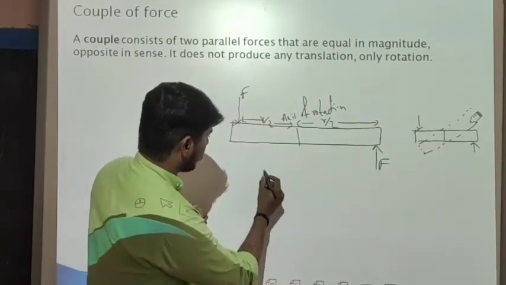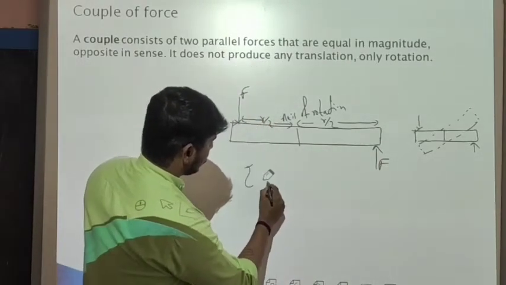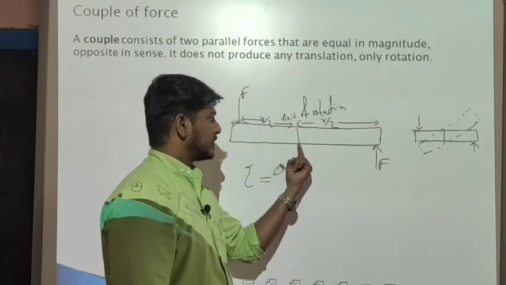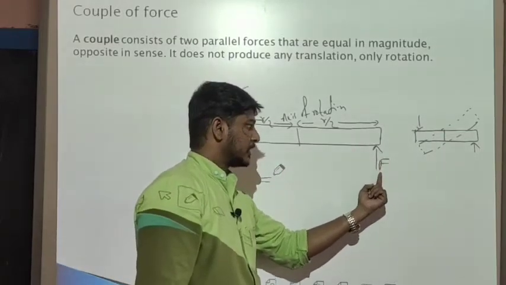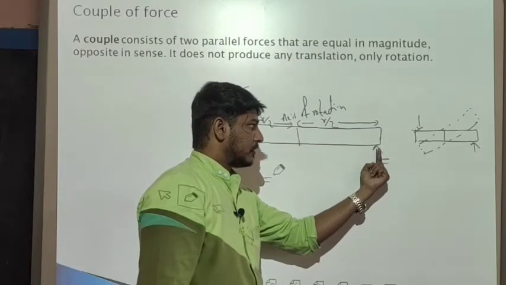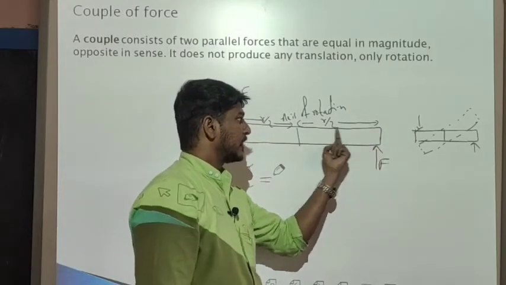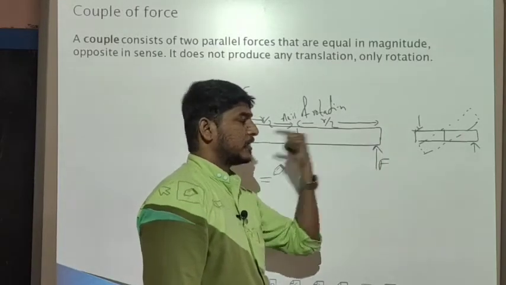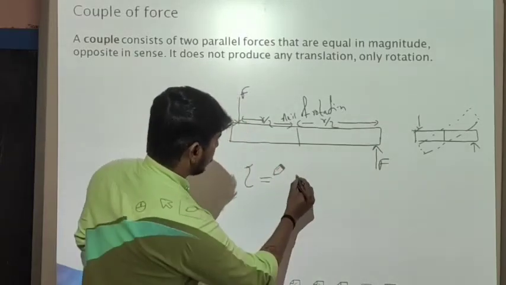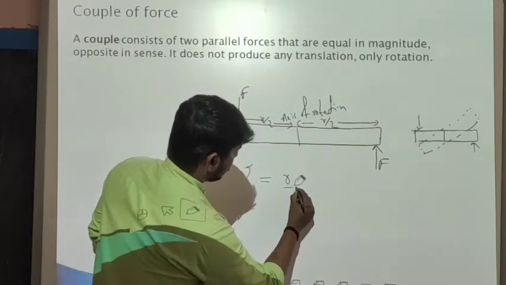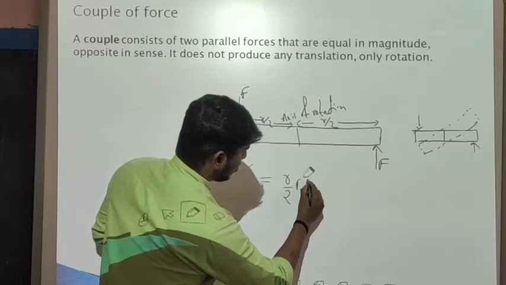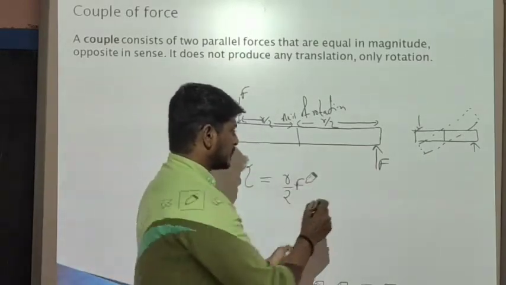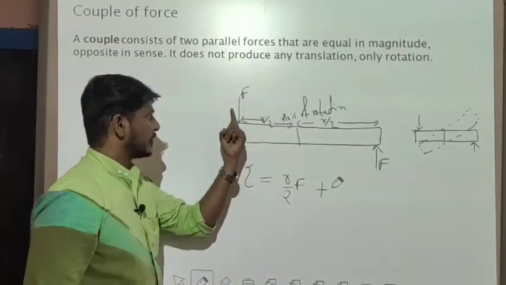I am going to take torque is equal to, this is the first case. Here I have applied the force F perpendicular to the distance vector r by 2, so this becomes r by 2 into F plus the same.